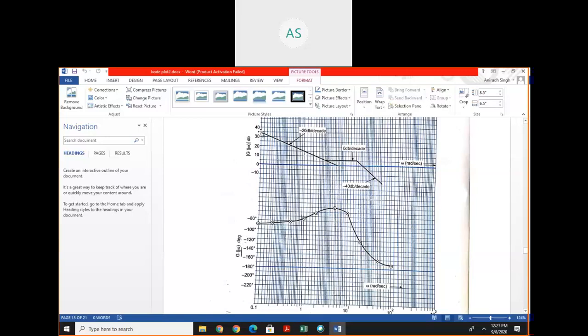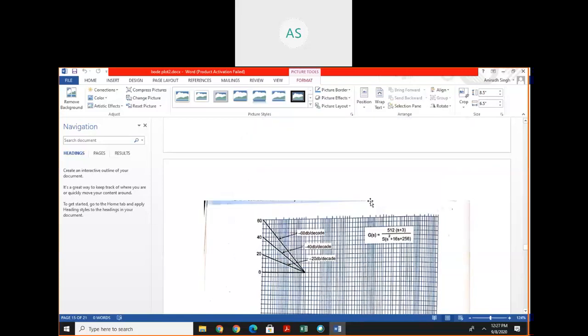At the first corner frequency, there is an addition of a zero, so we get a 0 dB per decade line, and at the second corner frequency, a pair of complex poles is added, so we get a minus 40 dB per decade line.